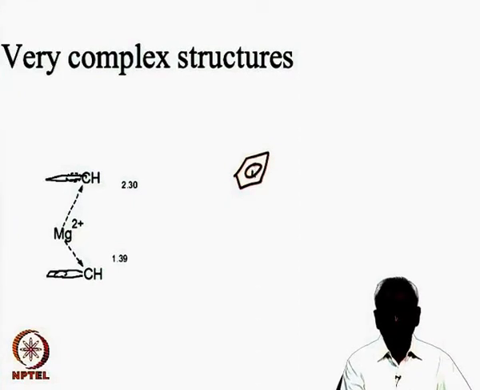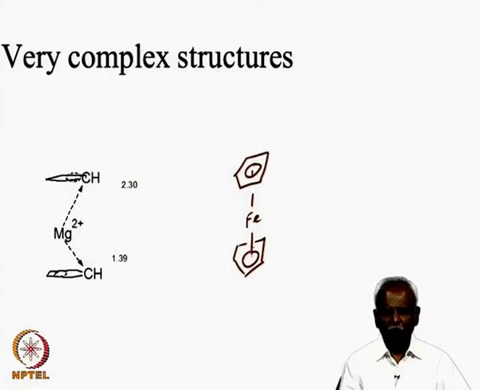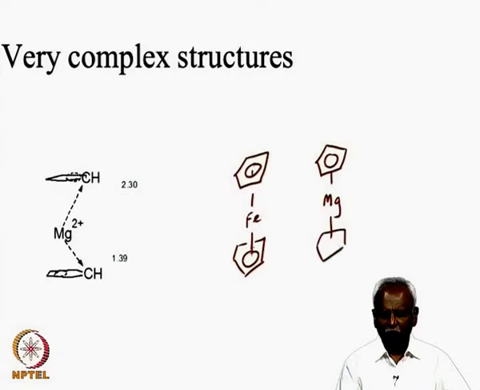So, here is a picture of a magnesium coordinated to two cyclopentadienyl groups. Most of us are familiar with the structure of ferrocene, which has two cyclopentadienyl rings attached to iron, so this is a very familiar structure. Now, if you try to make the analogous magnesium Cp2 species, you find that it is no longer similar to ferrocene, but it has an unsymmetrical coordination to the magnesium.